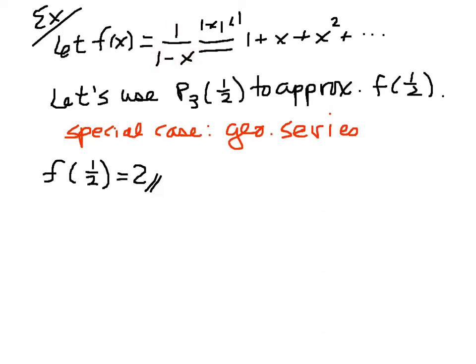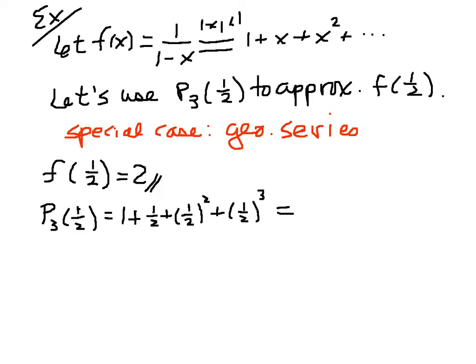So it's very easy to compute what f of 1/2 is. Now, p sub 3 of 1/2 is simply the cubic part of the Maclaurin series evaluated at 1/2. And so it's 1 plus a half plus a half squared plus a half cubed. That's it. And we can see that this is equal to 15 over 8.